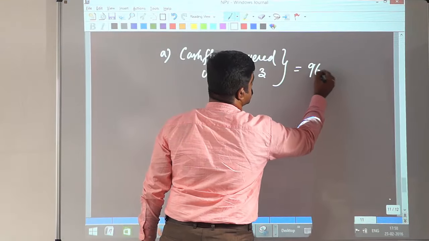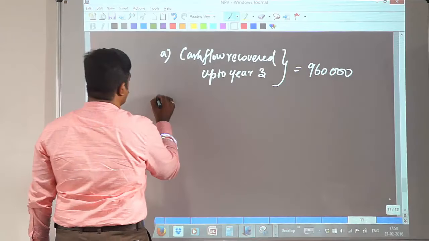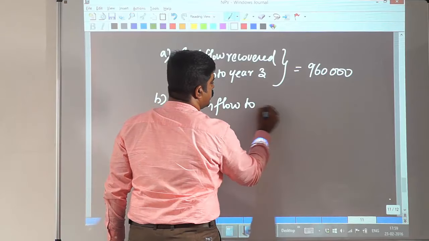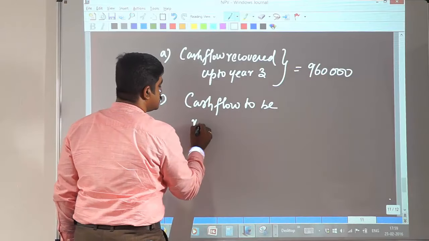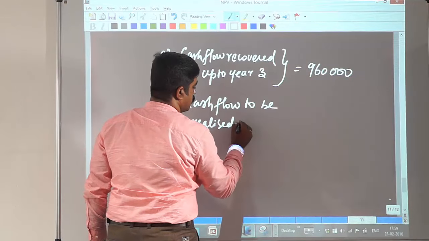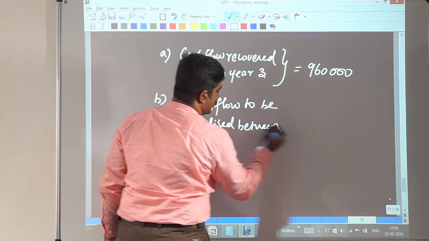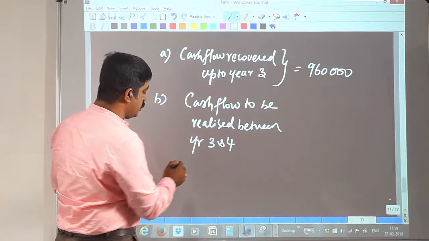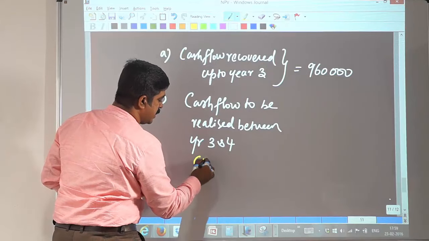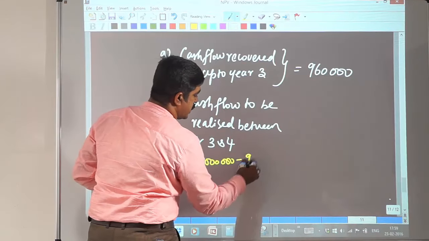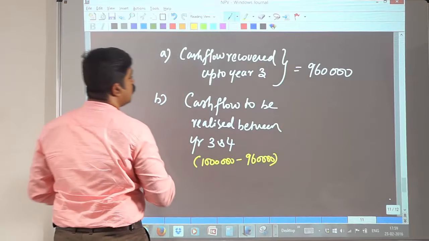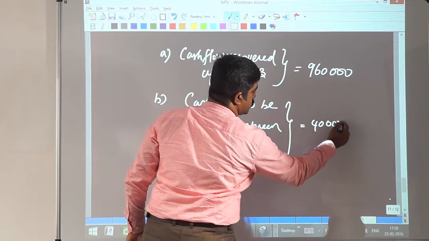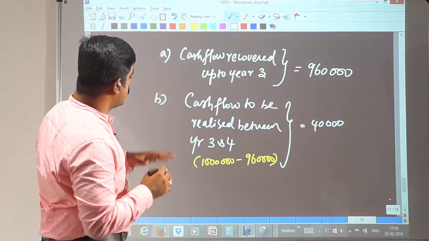Item B: cash flow to be realized between year 3 and 4, so that you can have your entire 10 lakh. How do you write that? It is 10 lakh minus 9 lakh 60,000. How much is it? It is 40,000. This is the amount you want to recover between year 3 and 4.